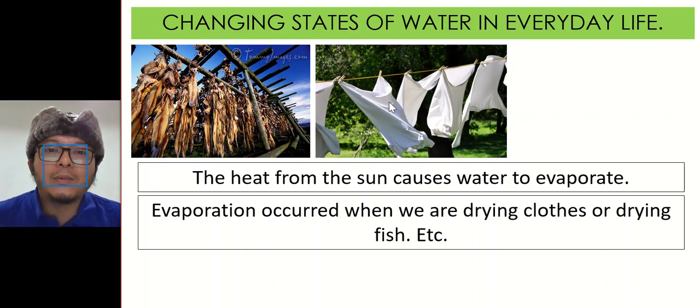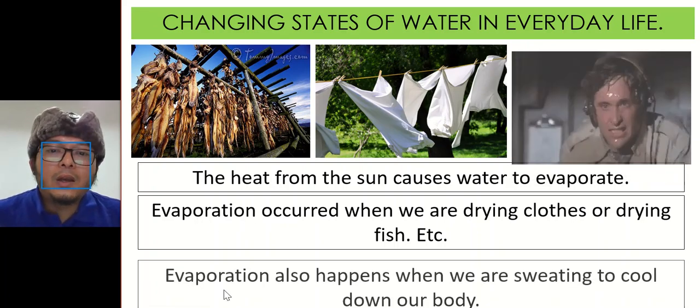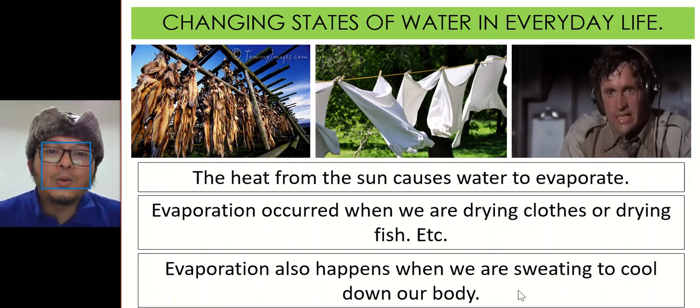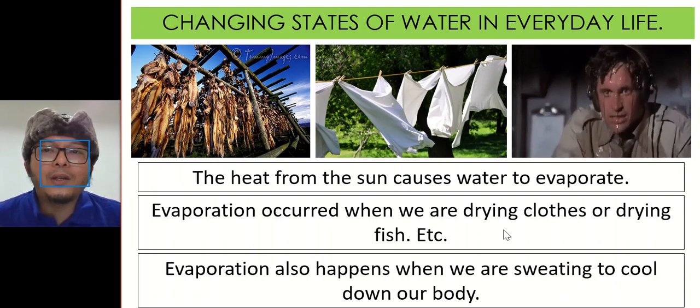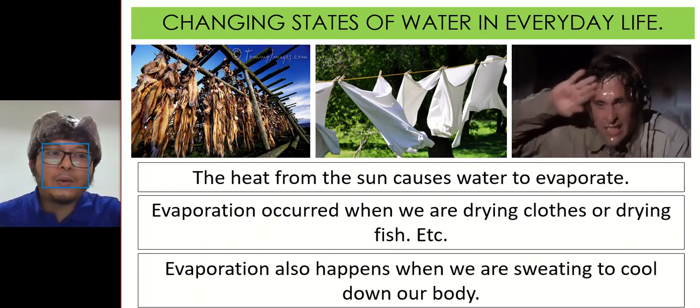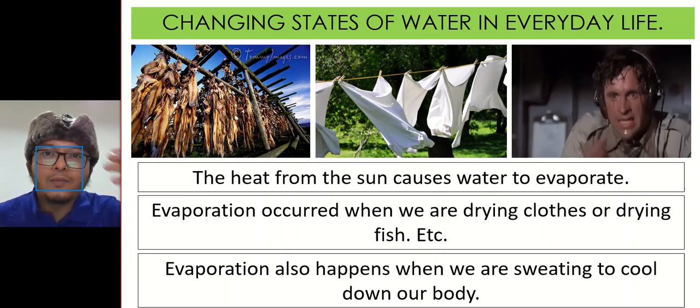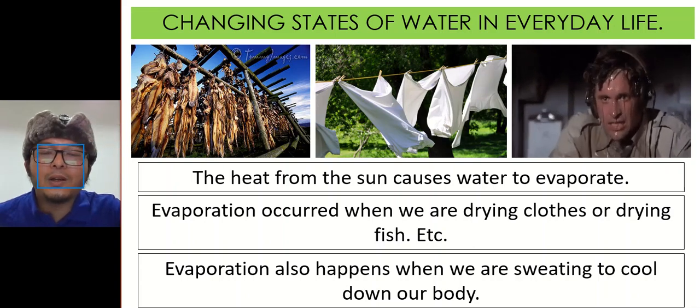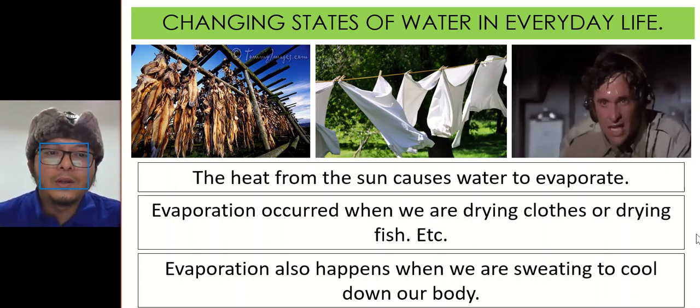Yeah, it's the same concept, evaporation. Evaporation also happens when we are sweating to cool down our body. So when we are hot, we sweat, and when we are sweating, there's evaporation, and your body will become cool.